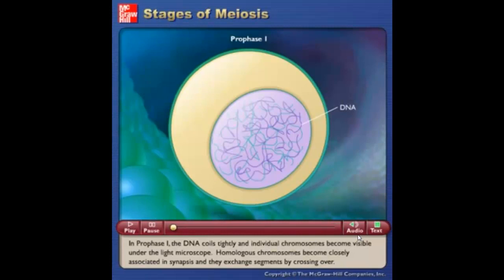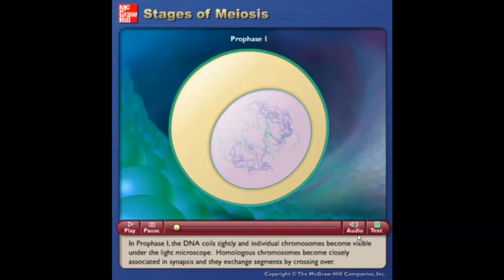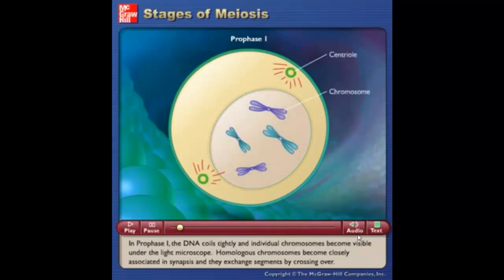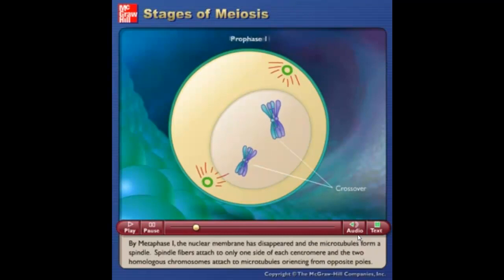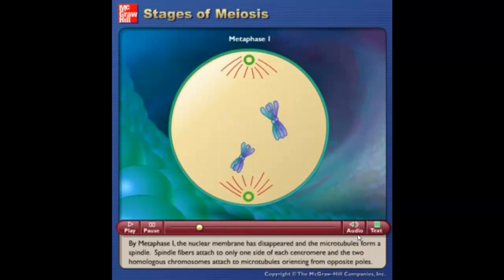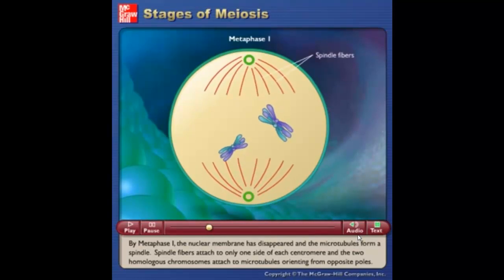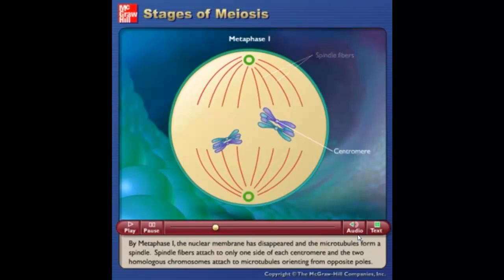In prophase 1, the DNA coils tightly and individual chromosomes become visible under the light microscope. Homologous chromosomes become closely associated in synapses, and they exchange segments by crossing over. By metaphase 1, the nuclear membrane has disappeared, and the microtubules form a spindle. Spindle fibers attach to only one side of each centromere, and the two homologous chromosomes attach to microtubules orienting from opposite poles.